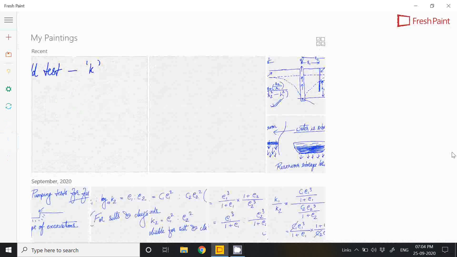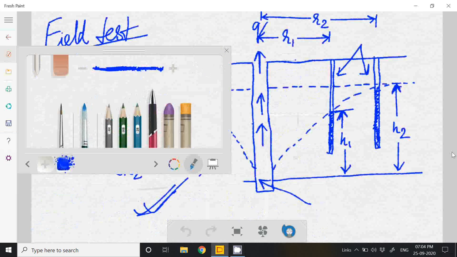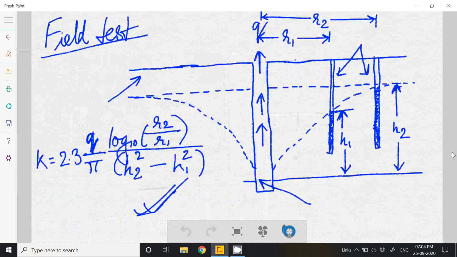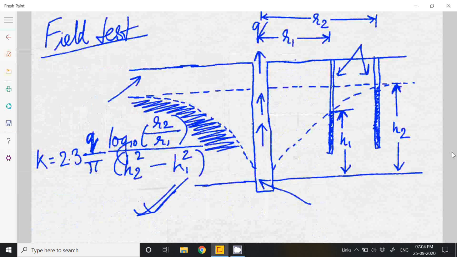this was the main diagram of the test that we had discussed. Now you see, this whole is a soil mass, and this was the water level.